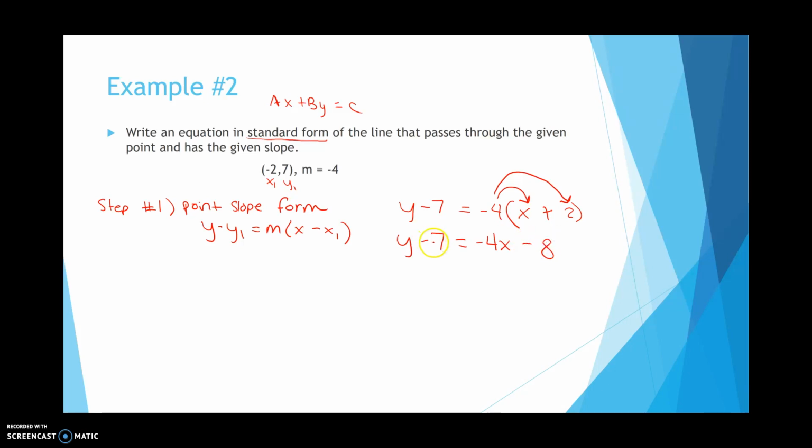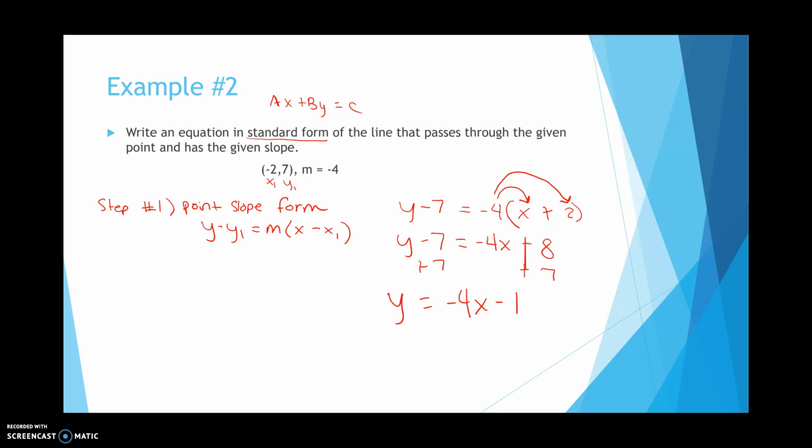Now notice I have this negative 7 on the left. It's a constant, so I need to add 7 to both sides. On the left I have y equals, I have that negative 4x still on the right, and negative 8 plus 7 gives me negative 1.